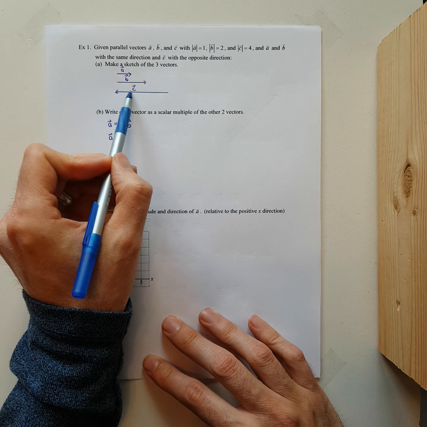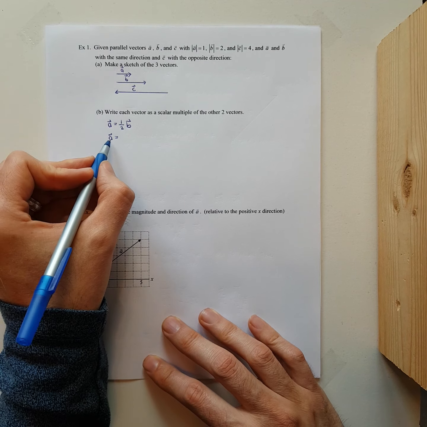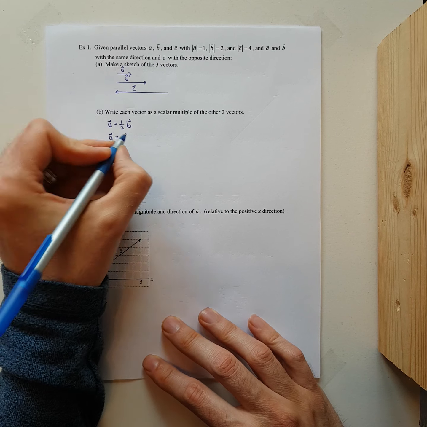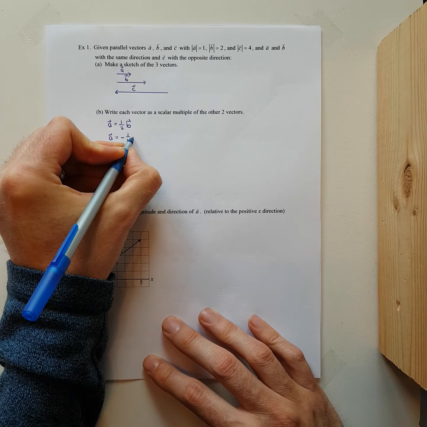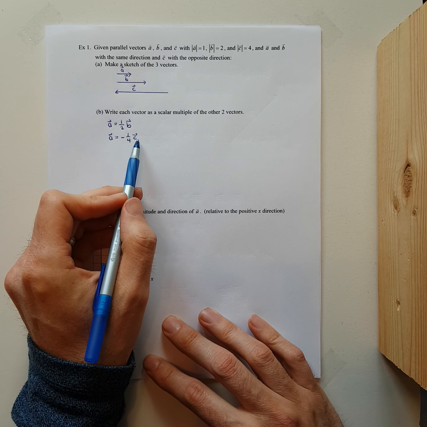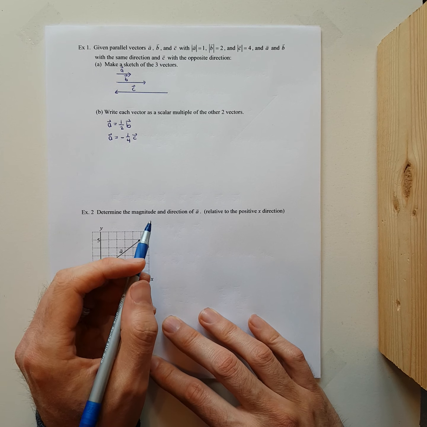One, A is 1/4 of the length of C, but they're pointing in opposite directions. So A is equivalent to the negative, the opposite direction, and it's 1/4 as big as C. So A is negative 1/4 of C. The negative changes its direction, and it's 1/4 as big.